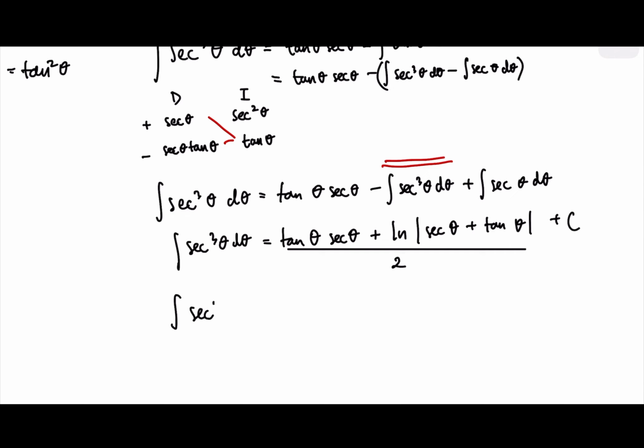So let me write completely. This is half secant theta tangent theta plus half ln secant theta plus tangent theta plus c.